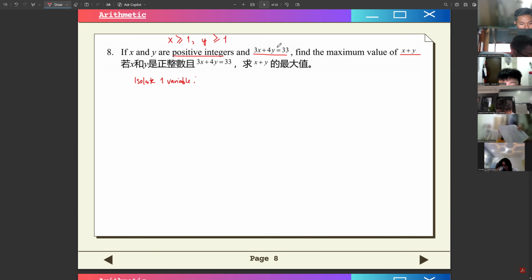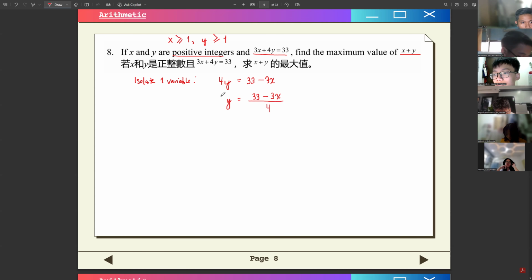So let's say we transpose this 3x to the other side. So that becomes 4y is equal to 33 minus 3x. Okay, we follow? The 3x becomes negative when you transpose. And then let's divide both sides by 4. So we have y is equal to 33 minus 3x all over 4.